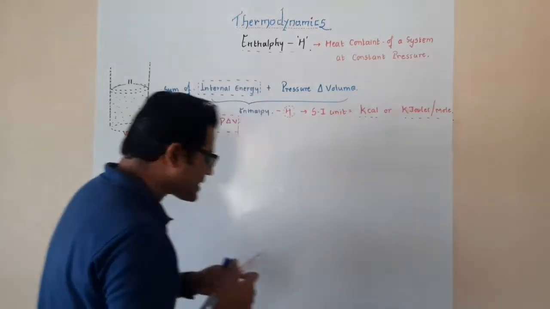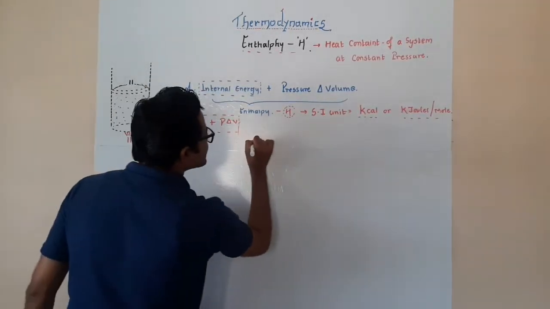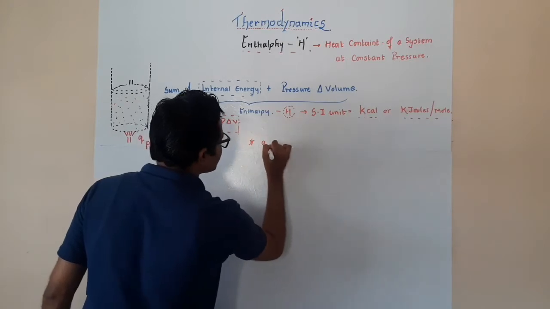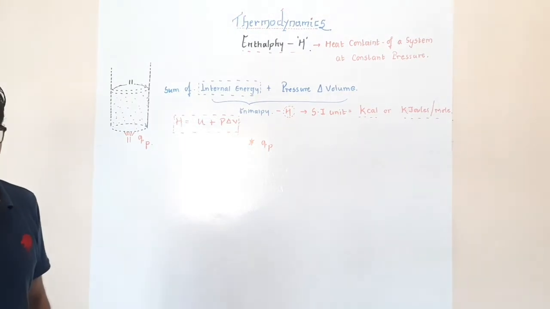So when I subject heat at constant pressure, let me give this as Qp. The first thing to note is that the heat is supplied at constant pressure, therefore let's call it Qp.